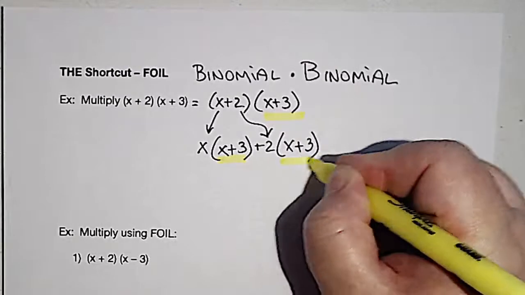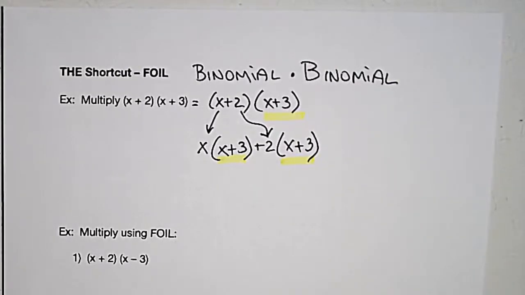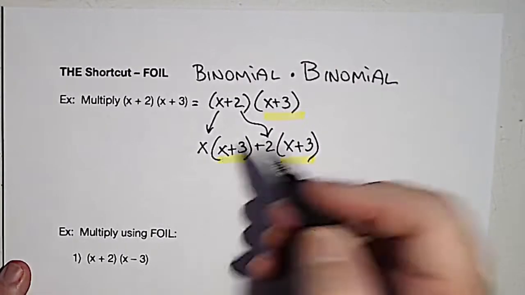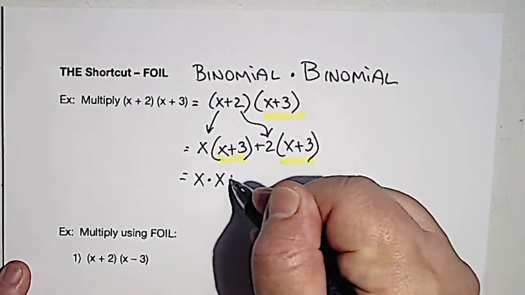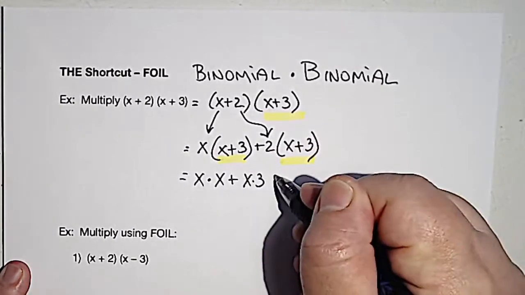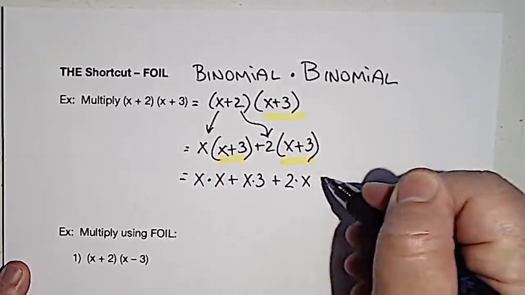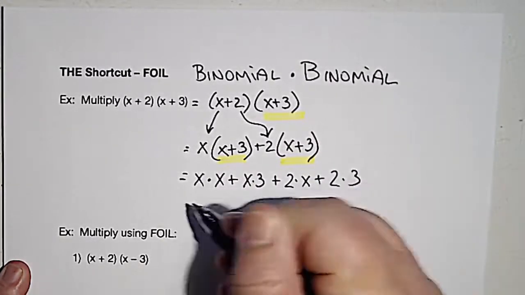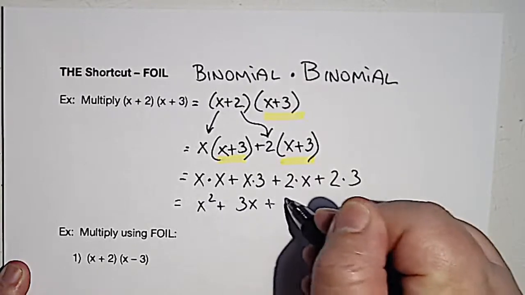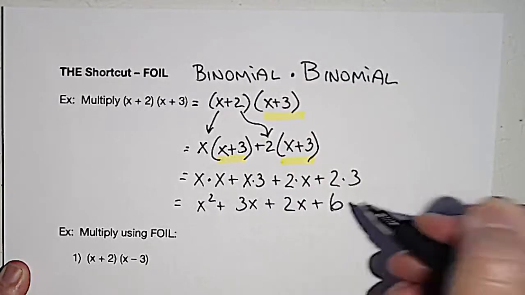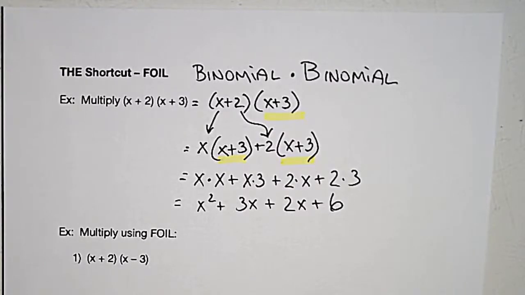And I write this, and I underline this, and I highlight this, and then we multiply through, and we get x times x plus x times 3 plus 2 times x plus 2 times 3, which ends up being x squared plus 3x plus 2x plus 6, right? This is the method we've been using up until now in this section.